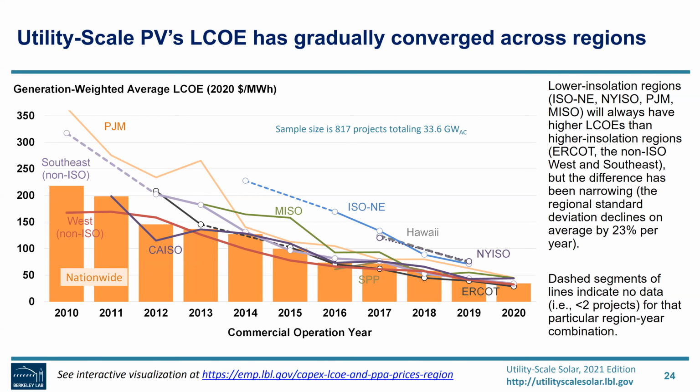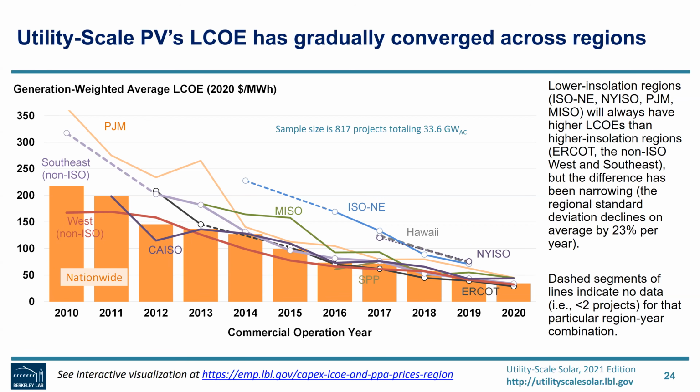Here we see the exact same data that I just showed you, but portrayed a little differently. Instead of the plant level bubbles, here we've aggregated those plants up to the regional level, with each region having its own line. The point I wanted to convey on this graph is simply that the spread of LCOE across regions has narrowed over time, with some degree of convergence.